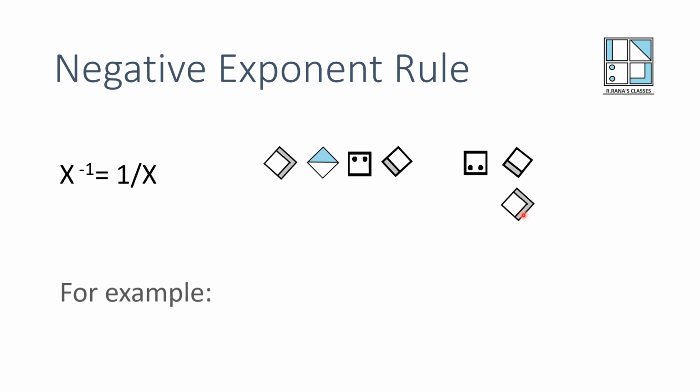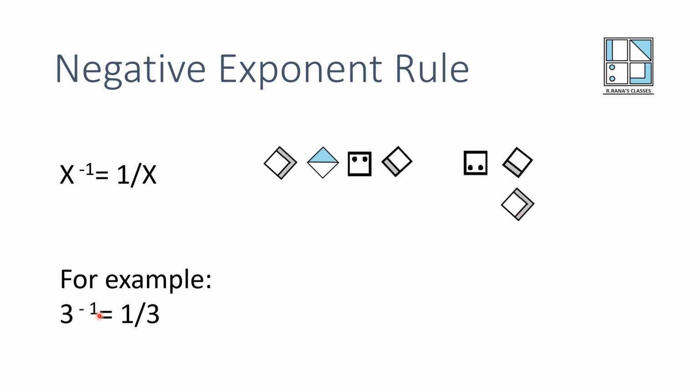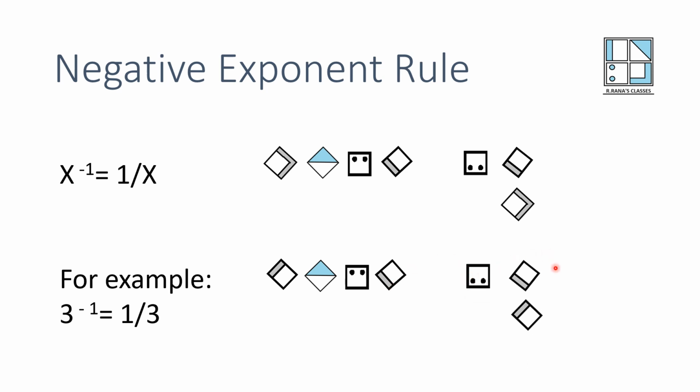Same way, for example, 3 raised to power minus 1 is 1 upon 3. On Taylor frame, 3 raised to power minus 1, this is sign for negative, this is sign for 1, 3 raised to power minus 1 is equal to 1 upon 3.